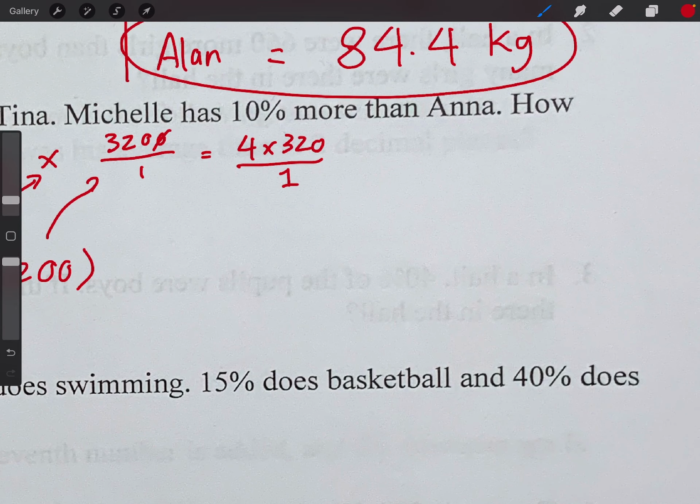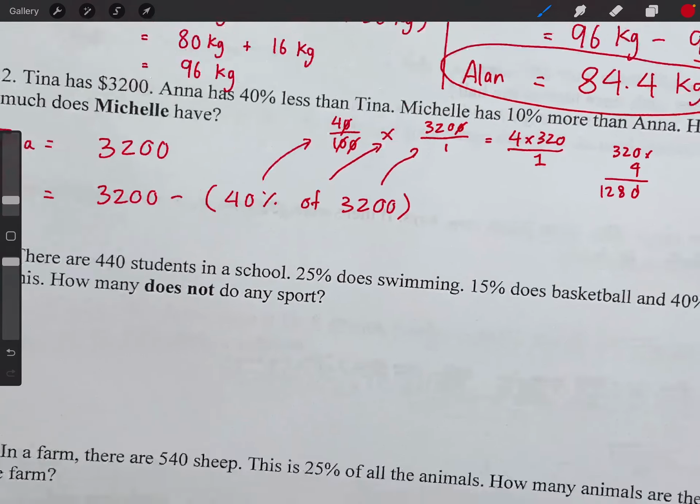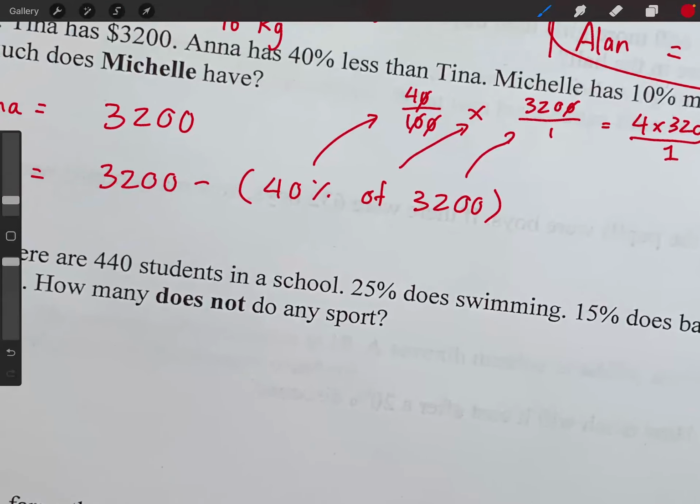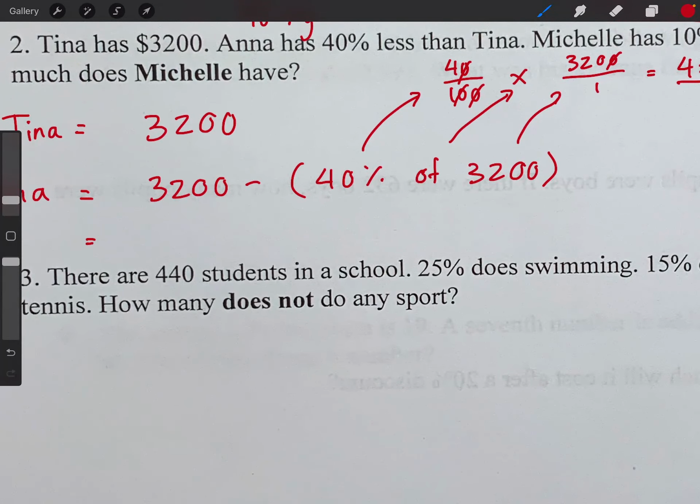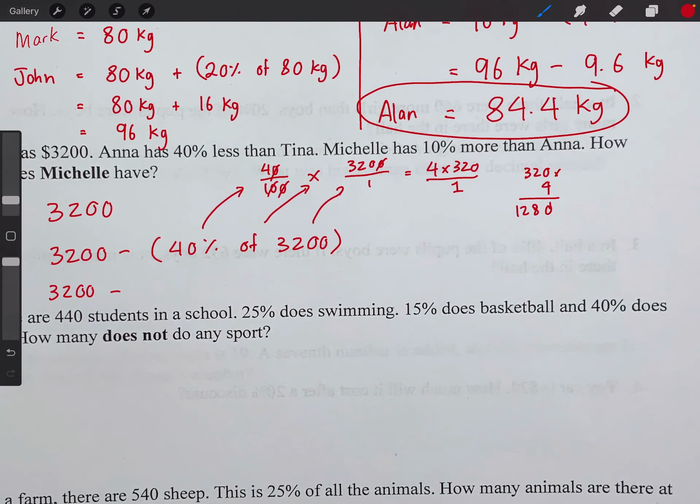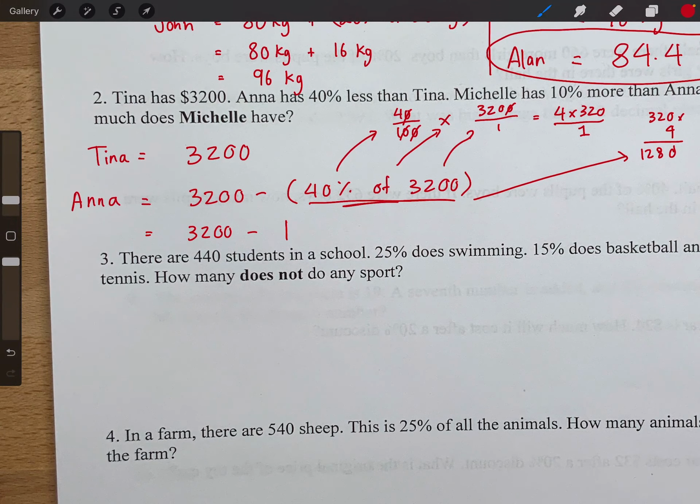So what's 4 times 320? Let's work it out. 320 times 4: 4 times 0 is 0, 4 times 2 is 8, 4 times 3 is 12. So that's equal to 3,200 minus, now we worked out this already, a total of 1,280.